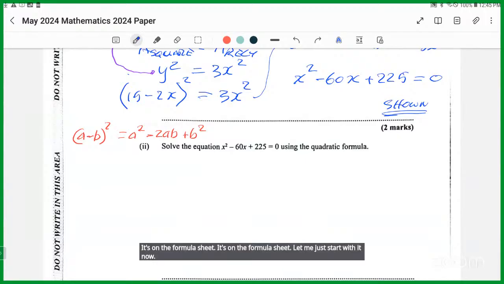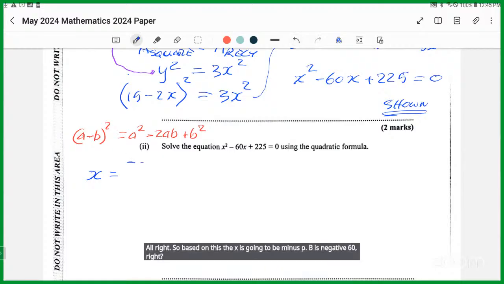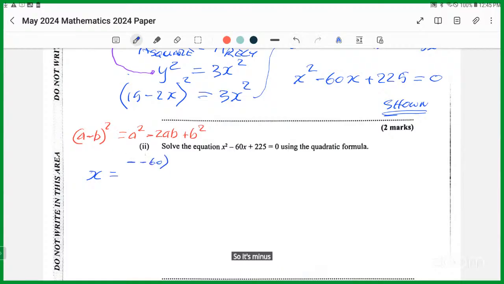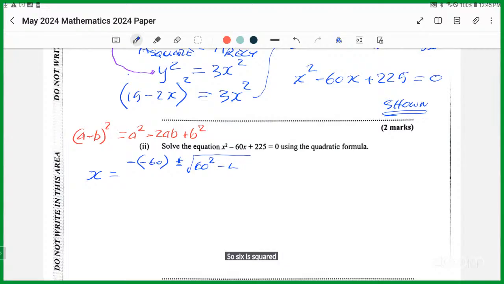All right. So based on this, the x is going to be minus b. The b is negative 60, right? So it's minus negative 60. That's minus b, plus or minus the square root of negative 60 squared, which is the same as 60 squared, minus 4 times a.